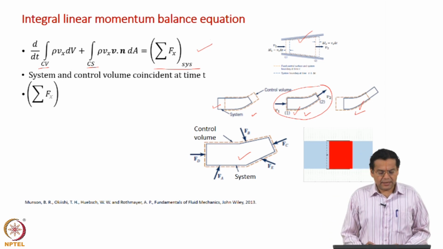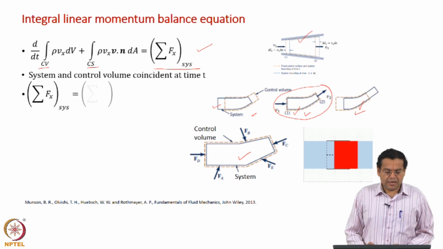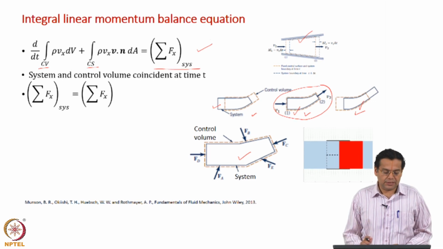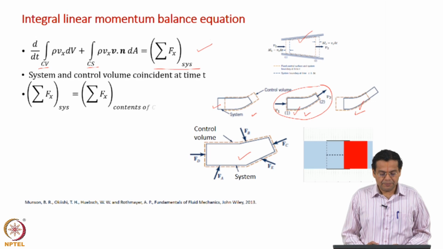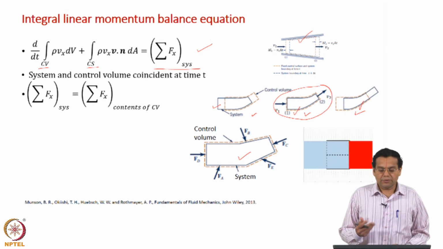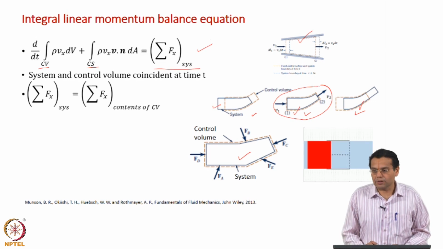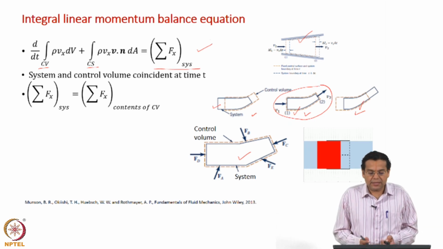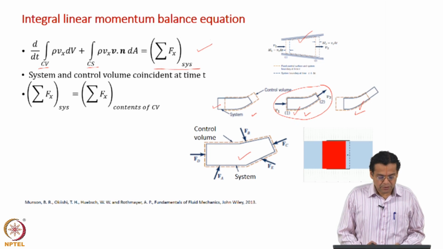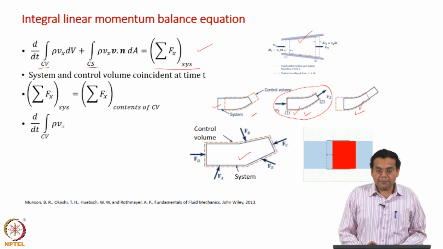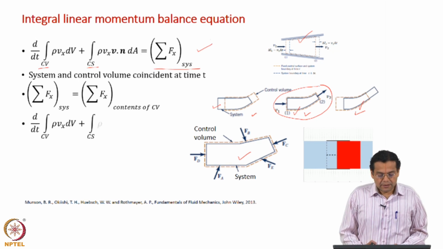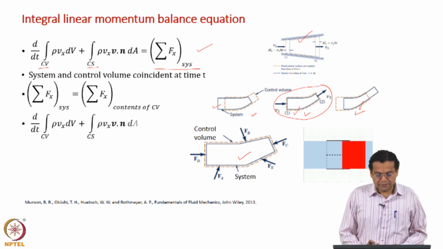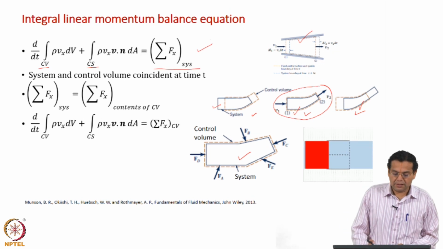Now I can write sigma Fx, sum of all the forces acting on the system in the x direction, is equal to sum of all the forces acting on the contents of control volume. We may just say on control volume, but to be more precise we should say contents of control volume. So, in the above equation I replace the right hand side, which was in terms of system, with terms of control volume.